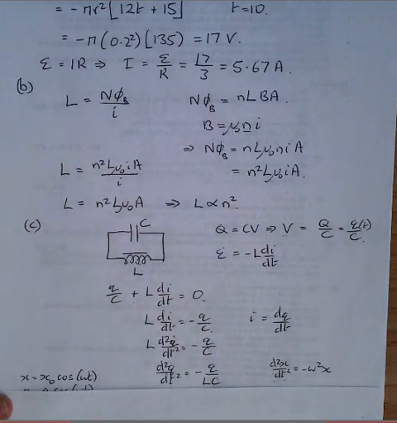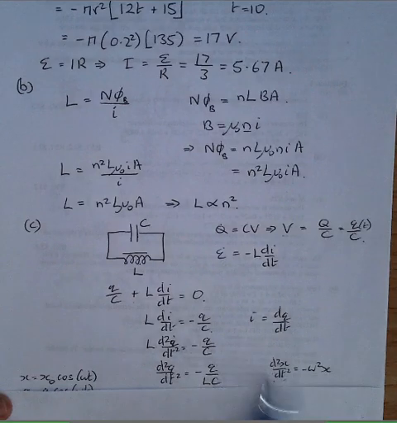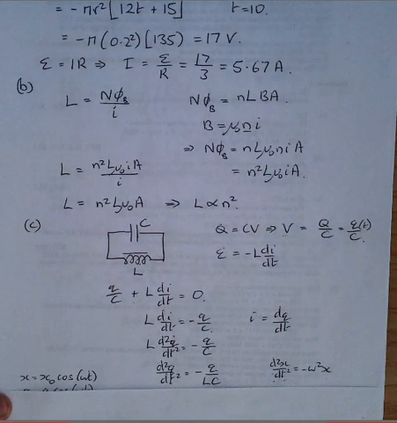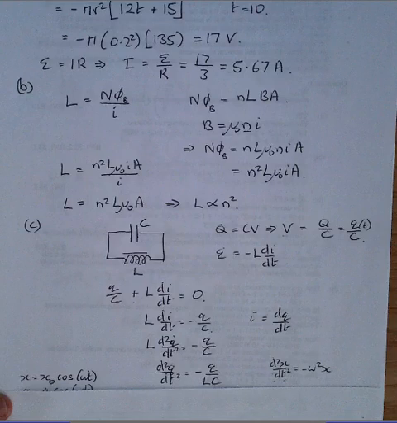Solutions in maths just depend on the shape of the equation, so these have exactly the same structure. From simple harmonic motion, you may remember that the solution that works is x equals x naught cos omega t, or x equals x naught sine omega t. Both will give you a solution that works.